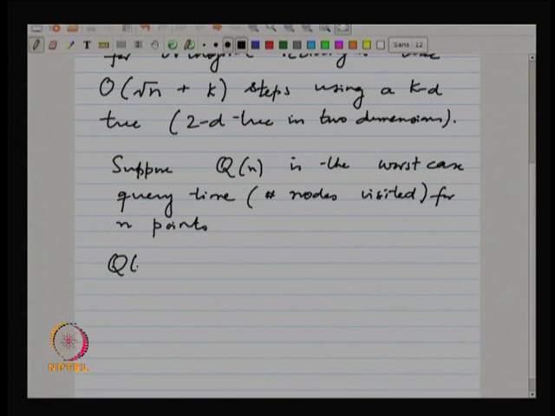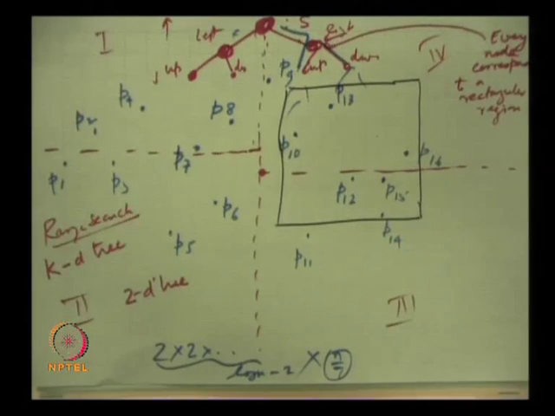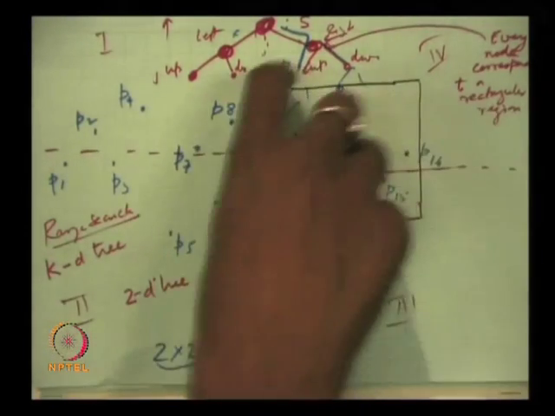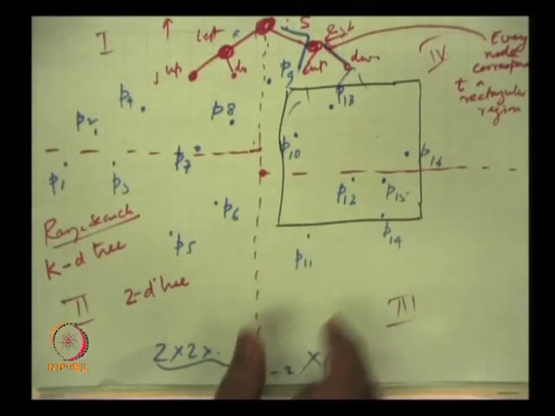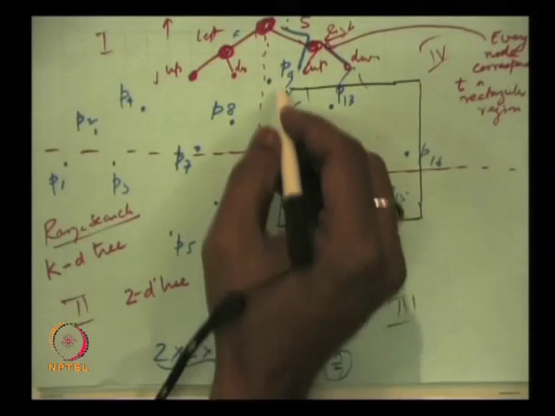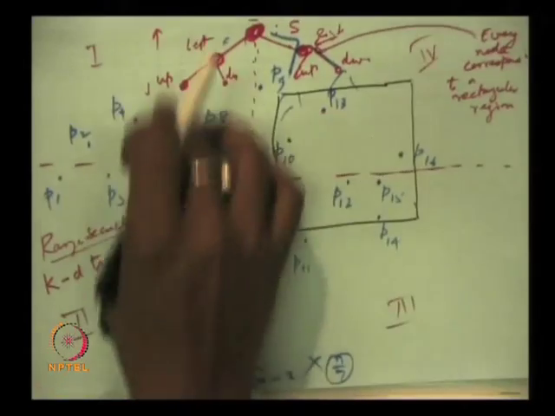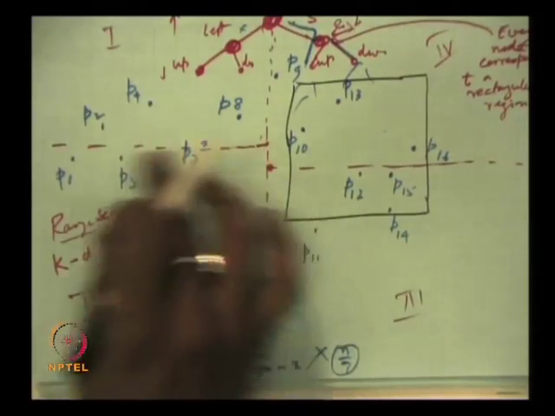We have n points, and we basically want to write Q of n as something, right. So the rectangle comes along, okay. To simplify the analysis, we will look at it in the following way. You look at the 4 boundaries of the rectangle, the 2 vertical boundaries and the 2 horizontal boundaries, and we'll compute the number of intersections of a vertical line, and analogously a horizontal line, with the number of regions in the tree.